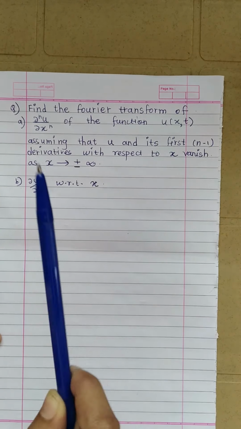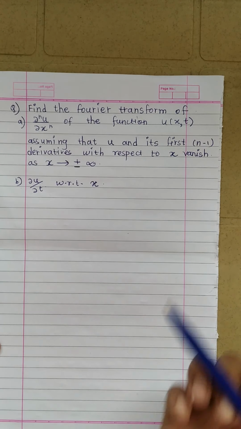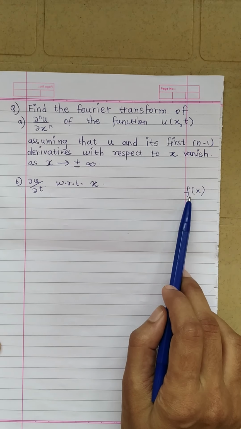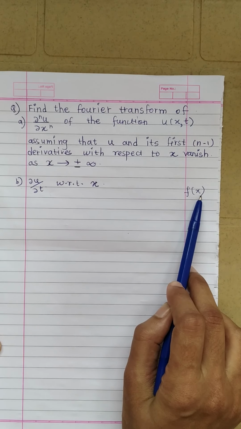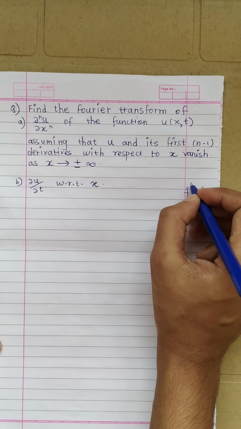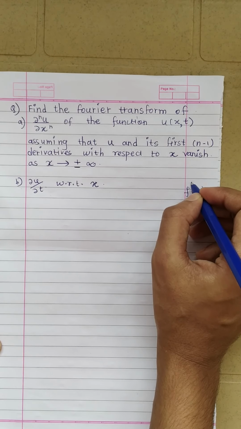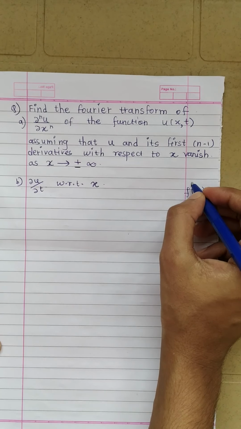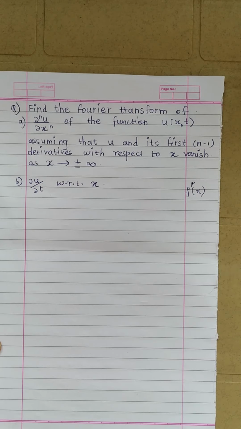All this time, what we have seen is that if f of x is a function, only one independent variable was there. We have seen the Fourier transform of this function, and in general the Fourier transform of the rth derivative of the function f of x.